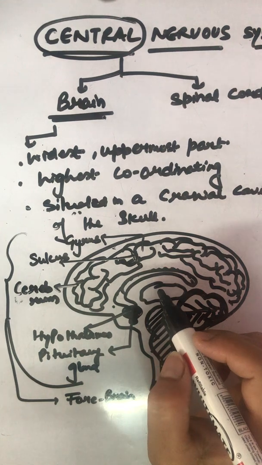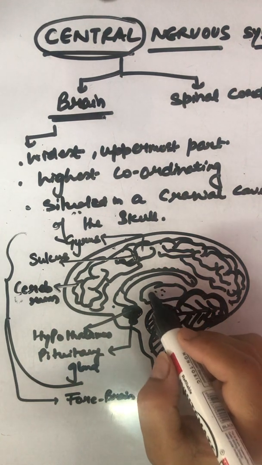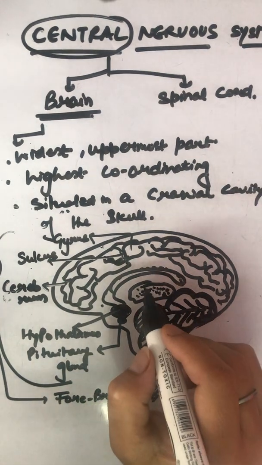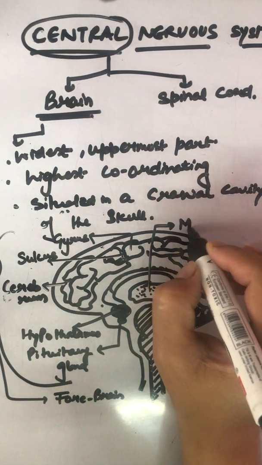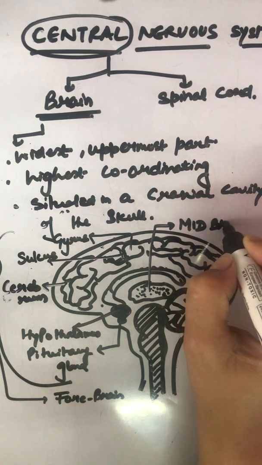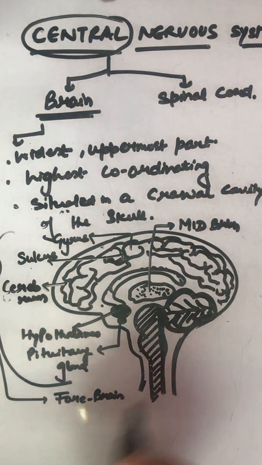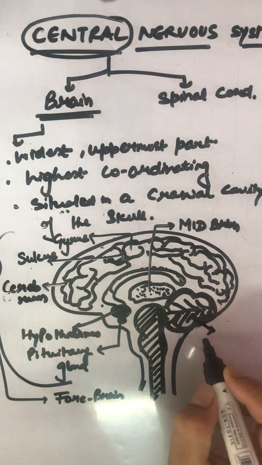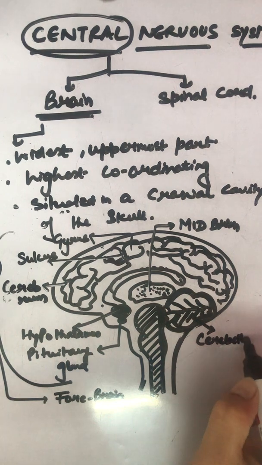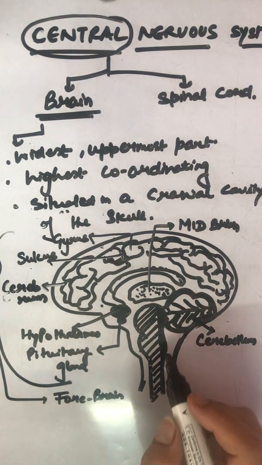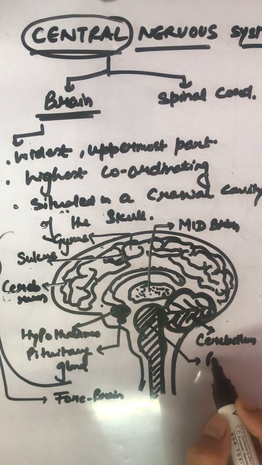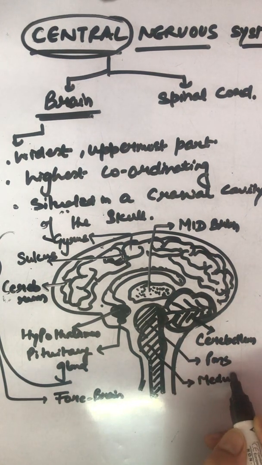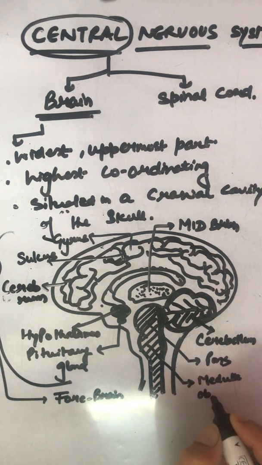This section, which is basically cloud-like and is dotted now, is the midbrain, the middle of the brain. This one that I have drawn is known as the cerebellum. Then the upper one is the pons region and the lower one is the medulla oblongata.